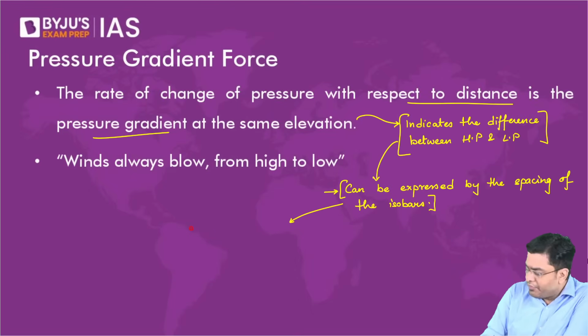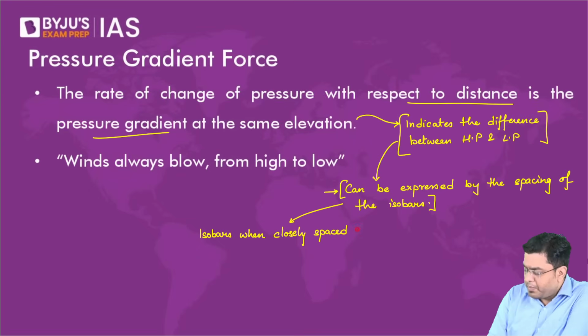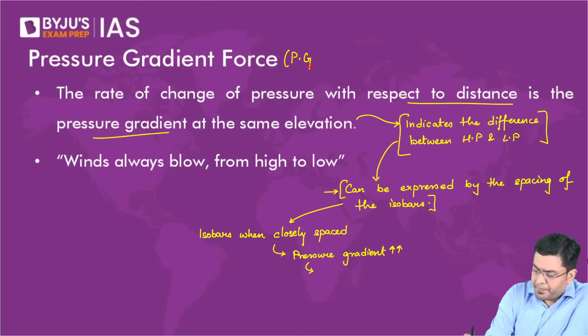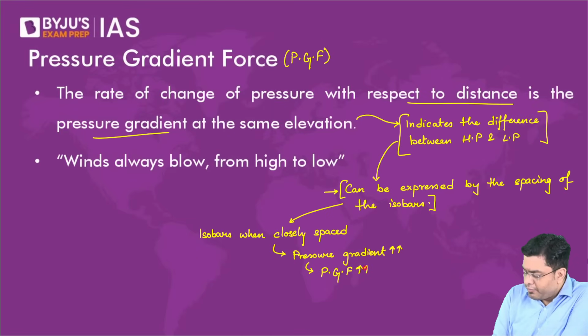So here, when isobars are closely spaced, that means the pressure gradient is high, which means the pressure gradient force will be high, which means the wind velocity will be high.